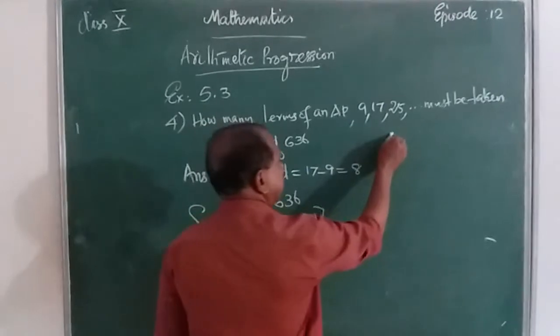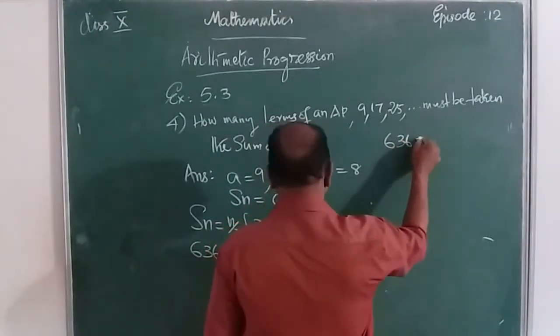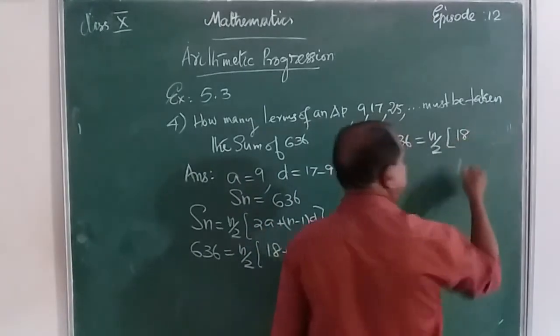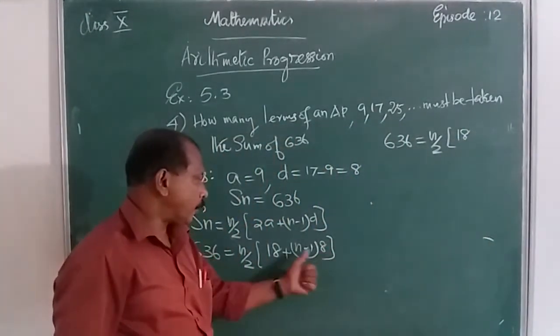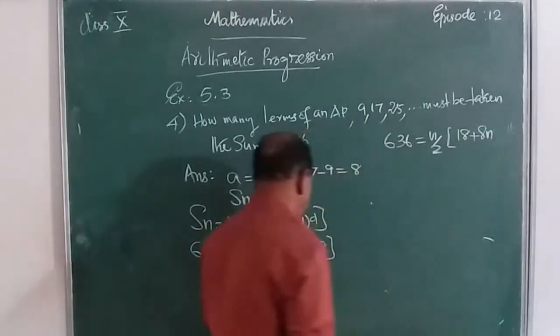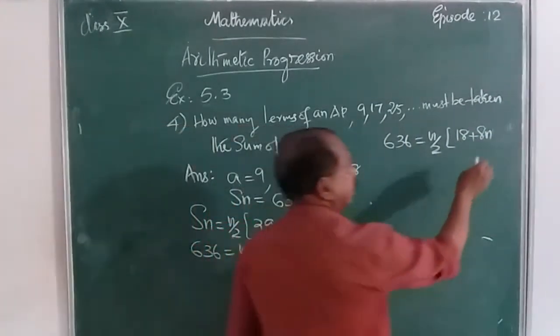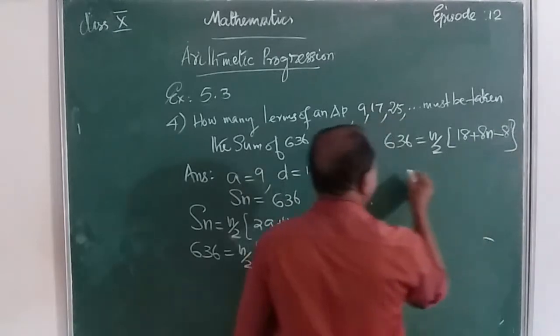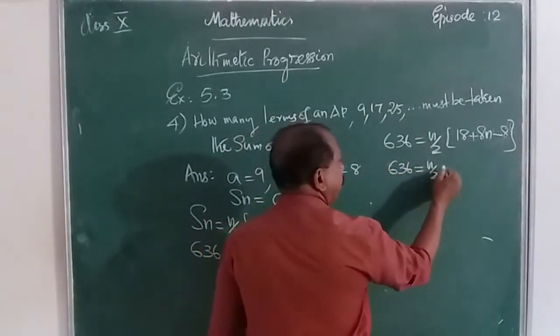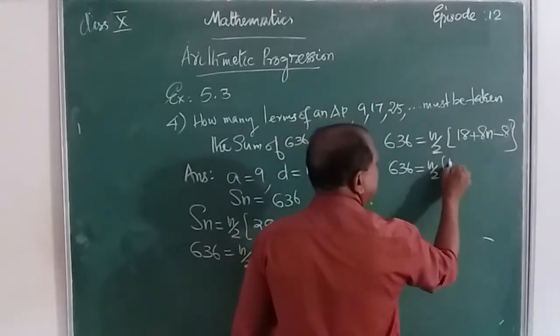That is 636 is equal to n by 2 into 18 plus 8n, 8 into minus 1 is minus 8.